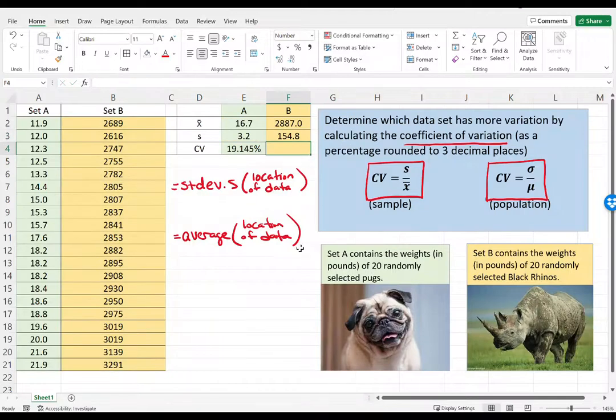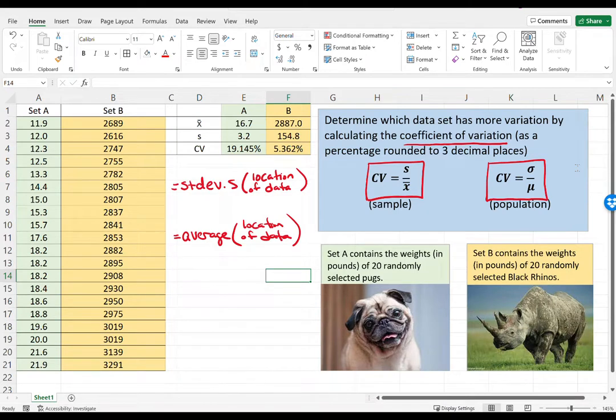And for the coefficient of variation, CV, let's divide, so equal the standard deviation divided by the mean. And again, let's convert that to a percentage, and we'll round that to 3 decimal places.